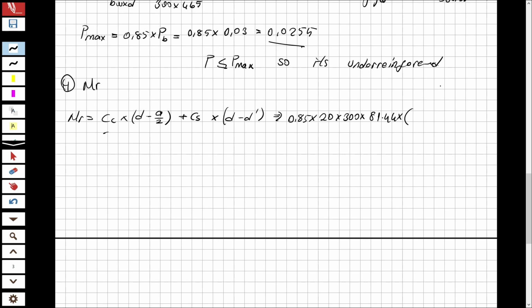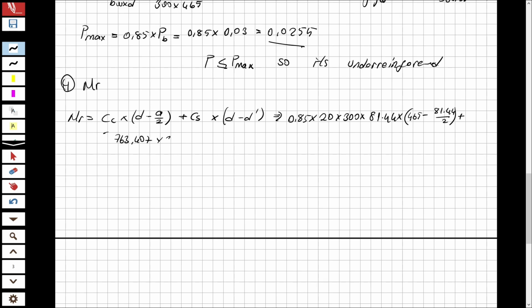What is the moment arm here? The moment arm here is 465 minus 81.44 over 2, plus CS. What is CS? CS is yielded, so I'm going to multiply with 736.407, the steel area of the top steel, okay?